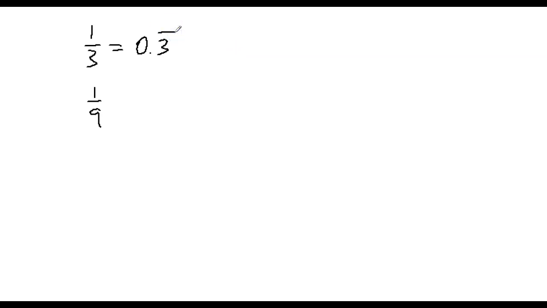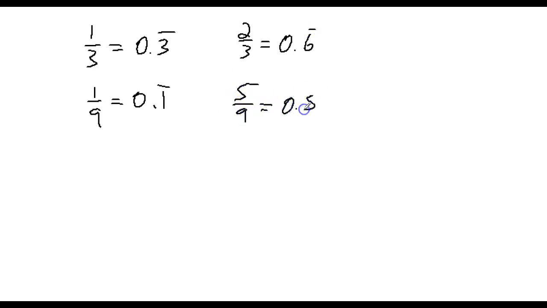So that's how we indicate that the 3 is repeating. And 1/9 is 0.1 repeating. So that's great as far as it goes. And of course, we can also talk about 2/3 is 0.6 repeating. And any number of ninths, like if you want 5/9, for example, you get 0.5 repeating.